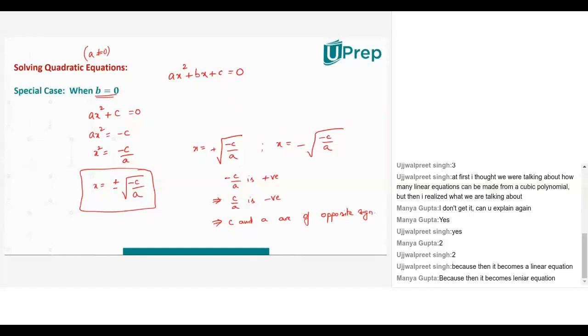So a quadratic equation with b equal to 0 will have two solutions, x equal to plus and minus square root of minus c by a, provided, when will this solution exist? When will this root exist? C and a are of opposite sign.